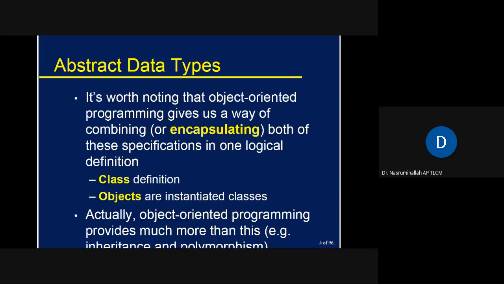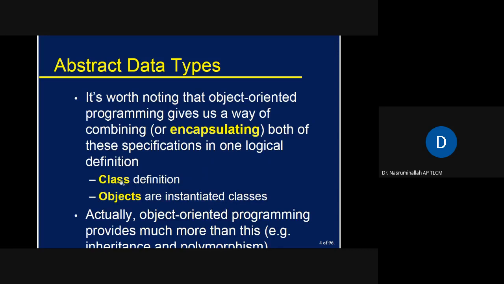Object-oriented programming gives us an effective and efficient way for representation of the abstract data types in the form of classes. So you define classes in a way that a class contains all the different attributes of a specific type, and you also define the different operations that can be applied on those attributes within that class.